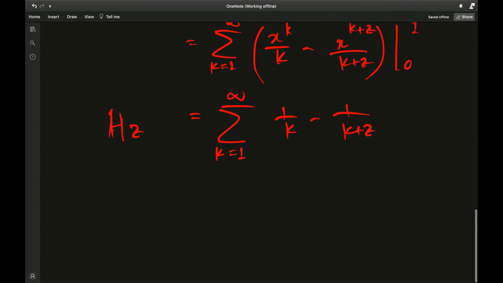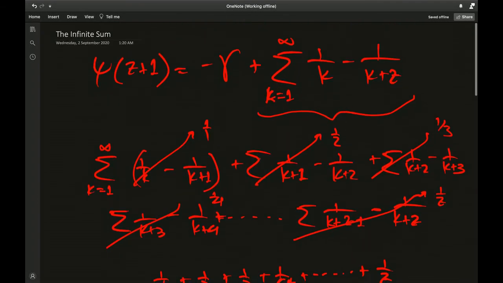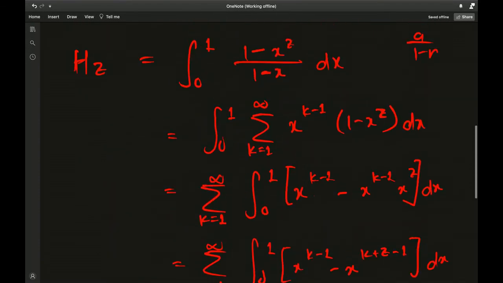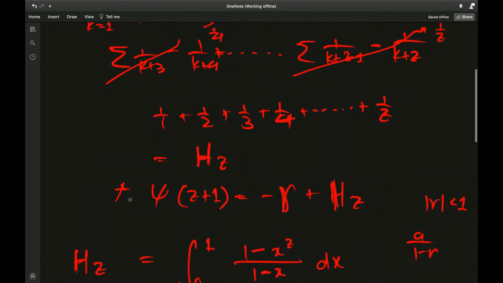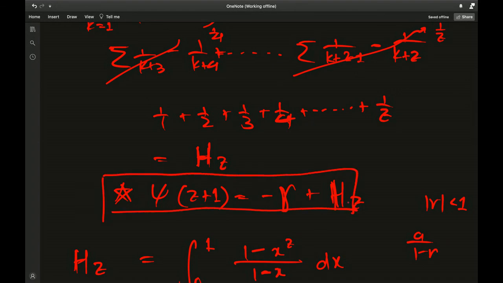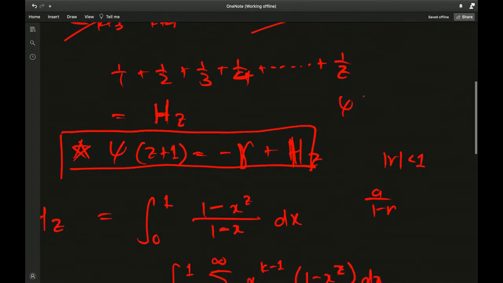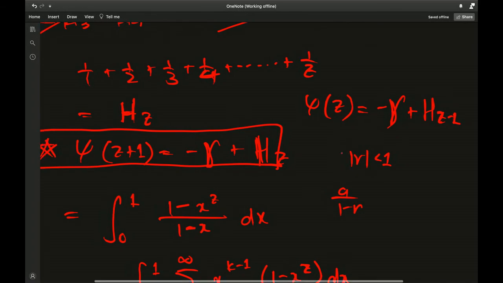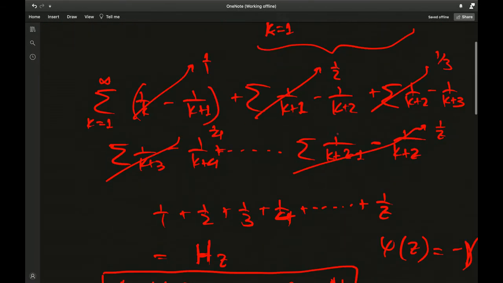So that's another proof, if you don't want this induced telescoping series, that this identity over here is holding true. And you can also find digamma of z as negative Euler-Mascheroni plus the z minus 1th harmonic number. Just some re-indexing there.